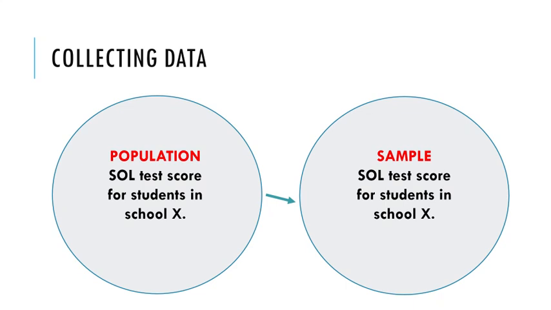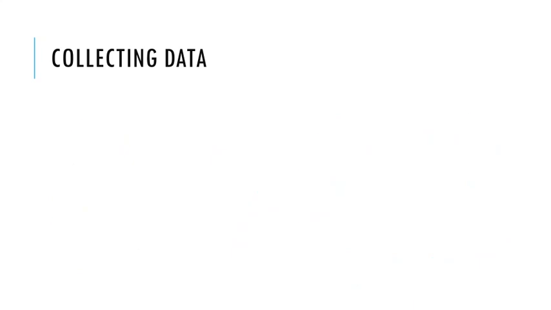Now, maybe there was somebody missing. I don't believe there was, though. So literally, I could argue that my sample was the population of interest. But that's only because I was consulting for this particular school, and the population that I was interested in, the SOL test scores for students in just that school system.